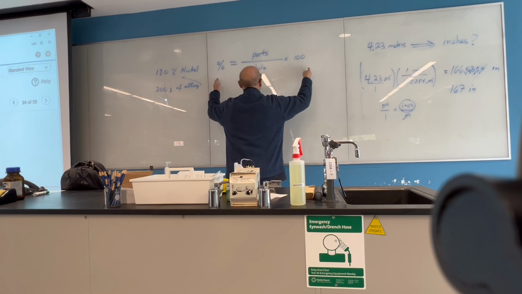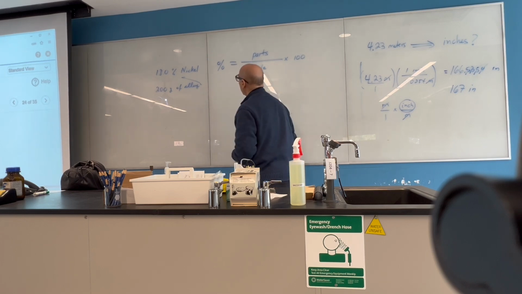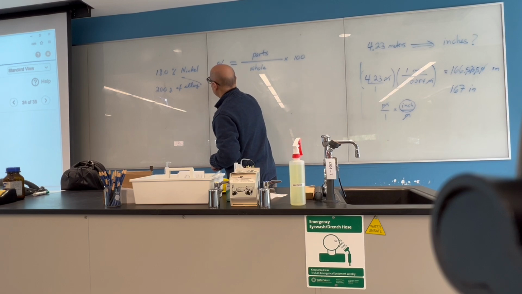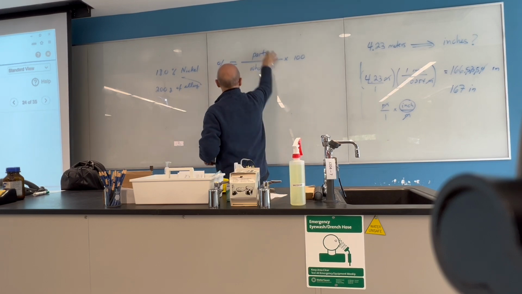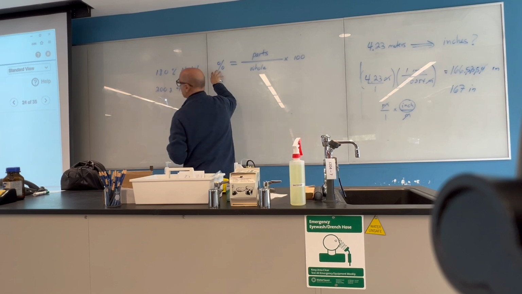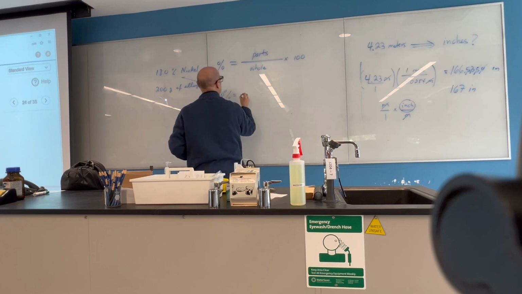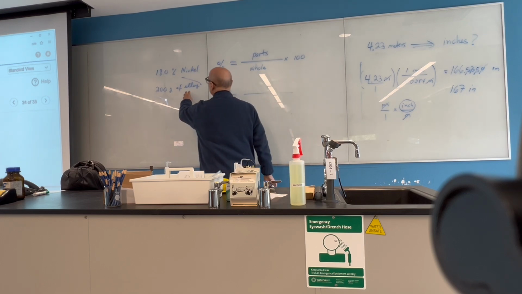So I want to use this formula to figure out the problem. So what I'm going to put here is the information that I have somewhere in this. This 18% is this percentage right here. So 18% equals. Do I have the parts of nickel?